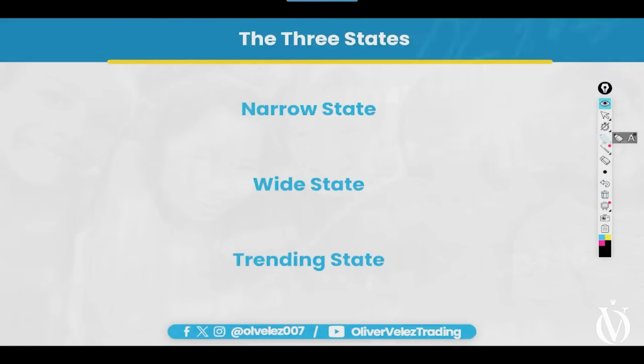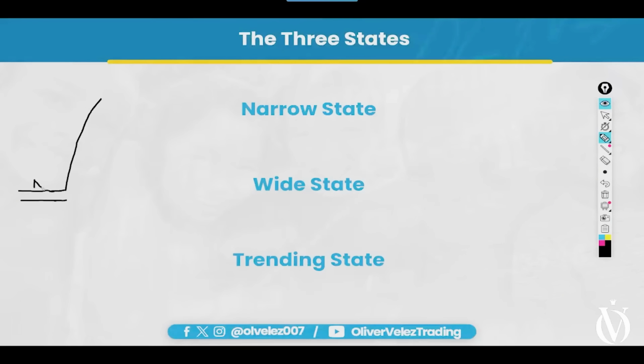Now, let me try to draw what I mean by we go from narrow to trending to wide, from wide to trending to narrow. Let me show you this. So first, the market starts off in a narrow state. That's a quiet, do nothing, resting state. From this narrow state, your market might move from narrow and start trending.